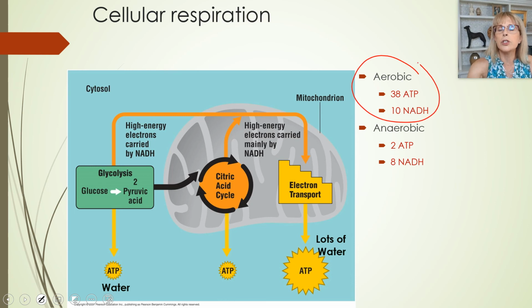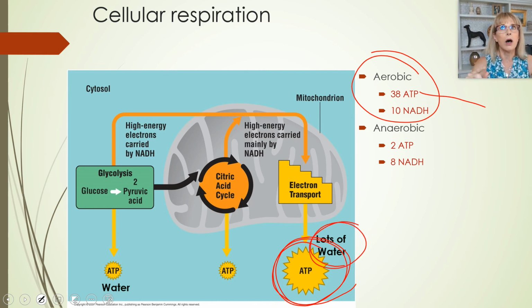So when there's oxygen around, we make a lot of ATP, and almost all of that ATP is made by electron transport. Almost all the water is made by electron transport, and the CO2 got made in the citric acid cycle. Great, we're going to pick up there in our next video.